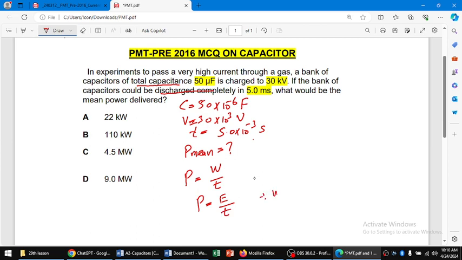When we move the charges towards the plates, the work done on the charges appears in the form of electrical potential energy. So work done is equal to energy stored in the capacitor.